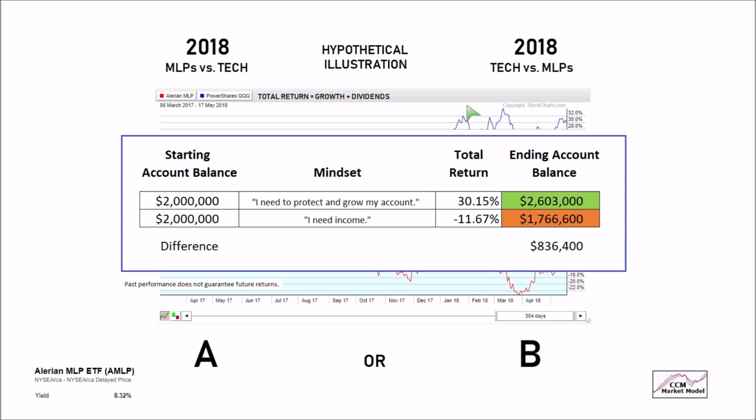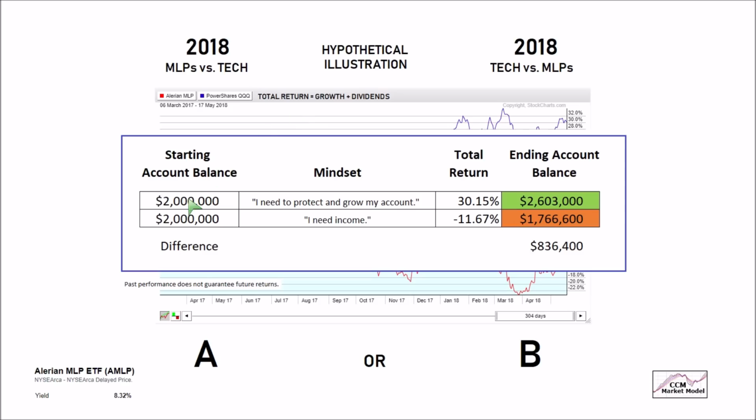By no means are we advocating that anyone would put all of their retirement funds in the triple Qs or a tech-heavy ETF. We're simply illustrating basic concepts, the concept of growth and dividends and total return.